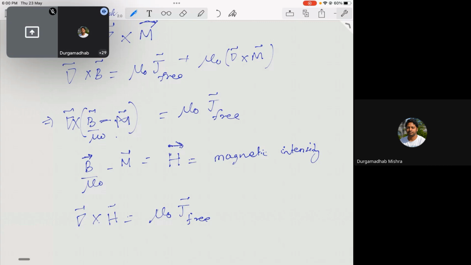We have introduced a new kind of magnetic field, the magnetic intensity, which is different from the B field, and this is a consequence of how the magnetic field varies in a material system. We will talk about it in more detail and extend this concept, and go into Maxwell's equations in more detail tomorrow.